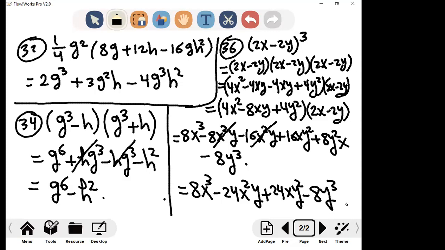Done? Where y power 2? I did 24. If we add, do we add the exponents? And if we multiply, what do we do? I mean, if we add two terms, do we add the exponents of them?